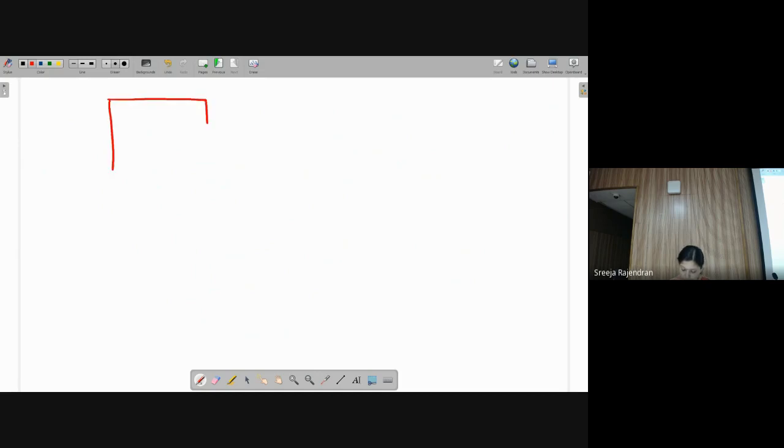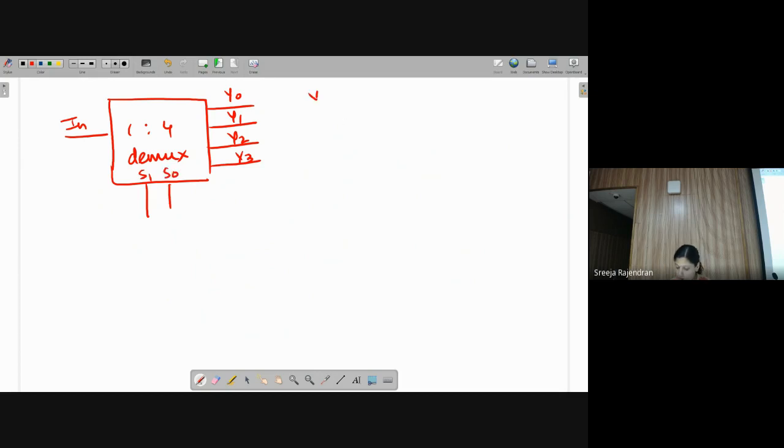Similarly, if I draw a 1 is to 4 DMUX, one input, 4 output lines Y0, Y1, Y2, Y3, and 2 select lines S1, S0. So Y0 is going to be equal to, when 0, 0, then only Y0 is chosen. Yes or no?